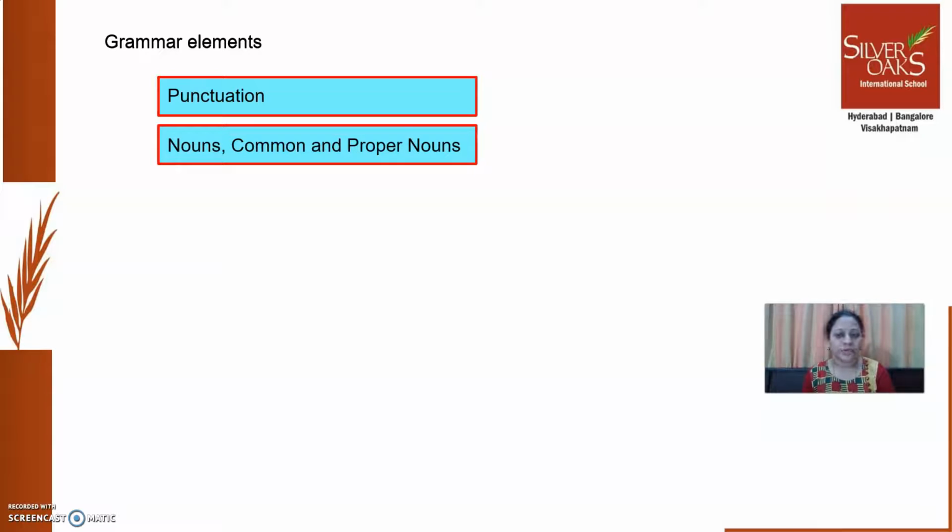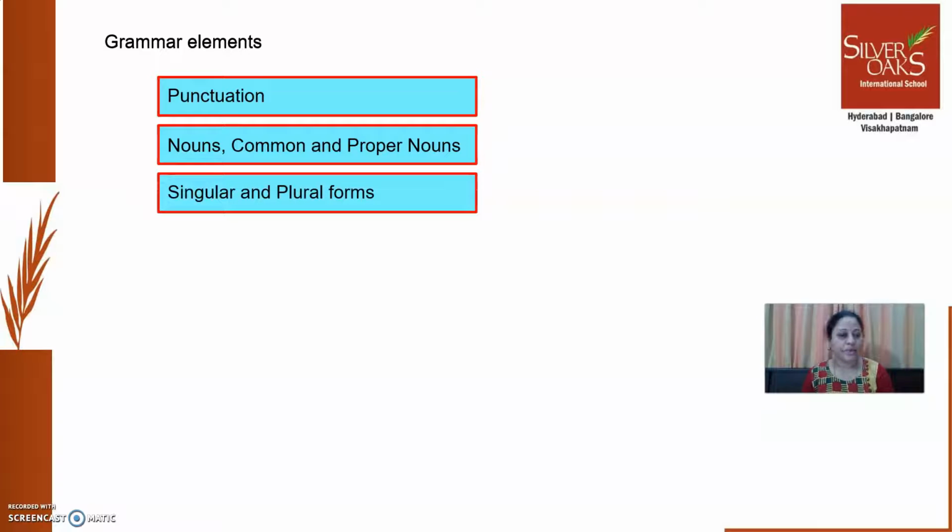And then we also learned nouns, and then common nouns and proper nouns. Common nouns are generic names, proper nouns are specific names. Do you remember? Yes. Singular and plural forms of nouns. If there is only one noun, then it is called singular. And if there is more than one noun, then it is called plural form.